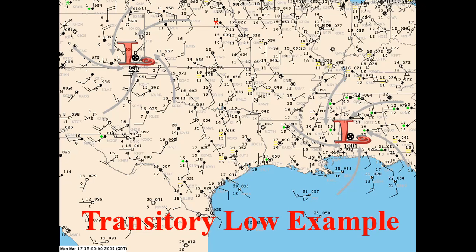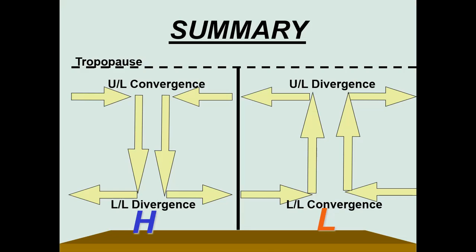This chart was taken on March 17th of 2003. So you can kind of see how the winds are spinning inward. The arrows are showing the direction the winds are blowing inward towards the center of low pressure systems. I don't have a front drawn on here, but this is associated with actual frontal boundaries, warm and cold fronts respectively.